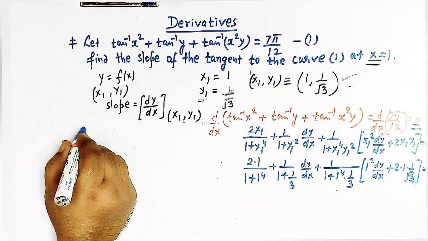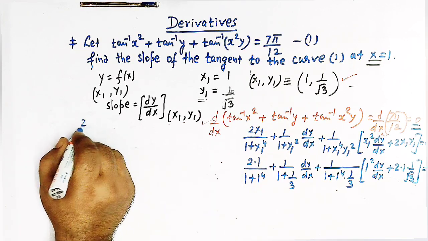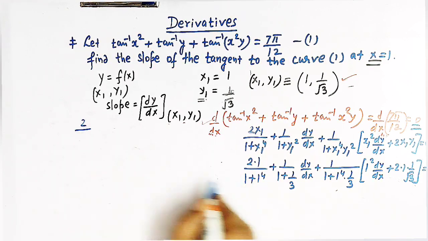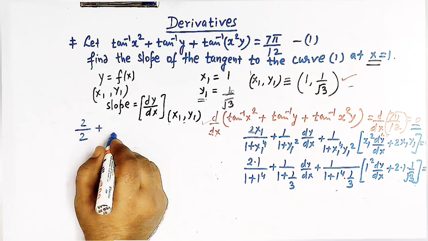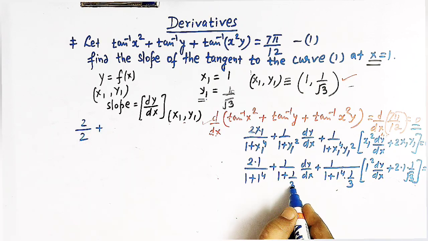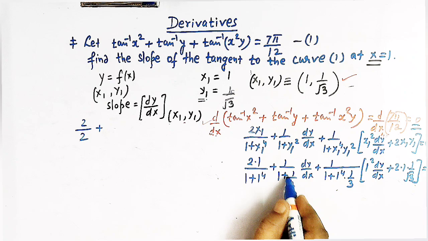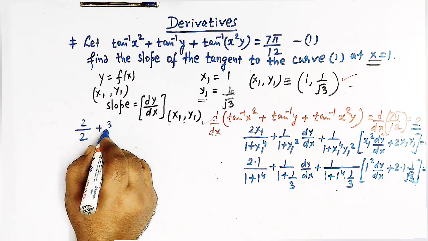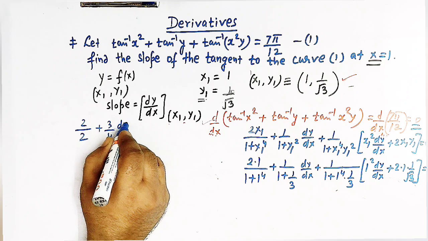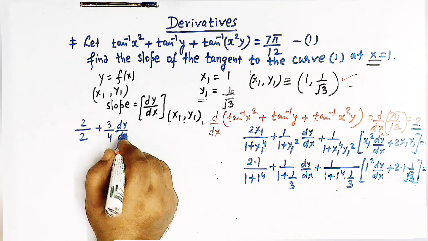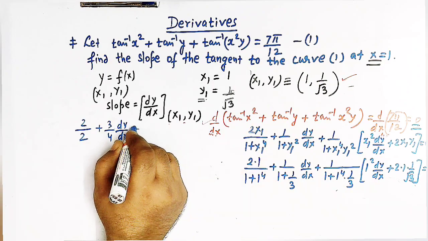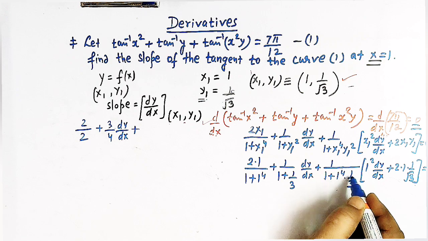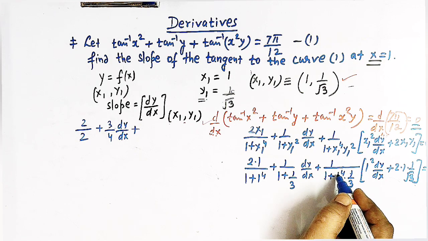So now we have here 2 over 1 plus 1, that is 2. Then here we have 1 plus 1 over 3 is 4 over 3, and taking 3 to the numerator we have 3 over 4 dy over dx, and here also we have 1 plus 1 over 3, that is 4 over 3.